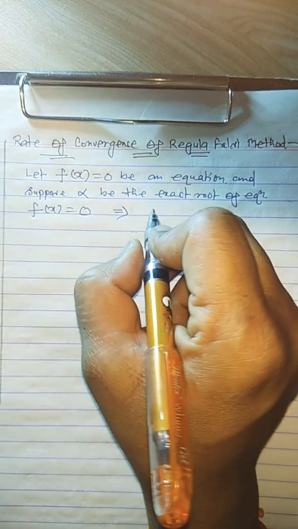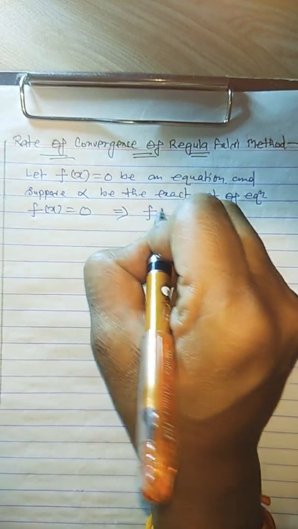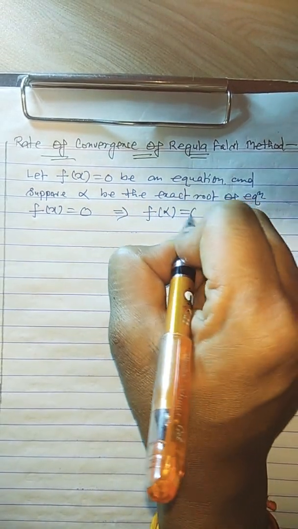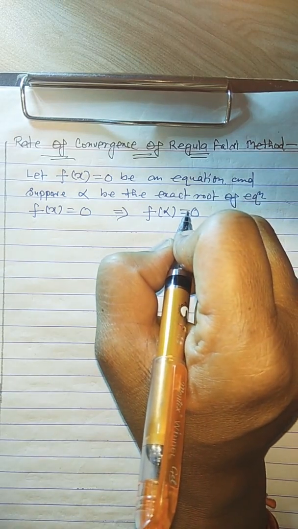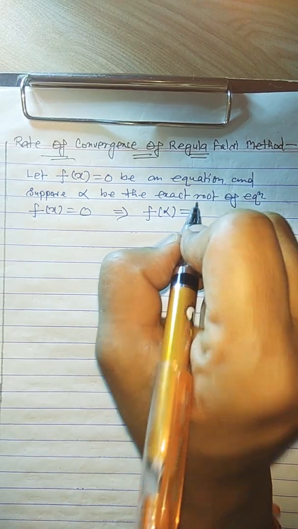If alpha is the exact root, we can say the value of f(alpha) must be equal to 0.